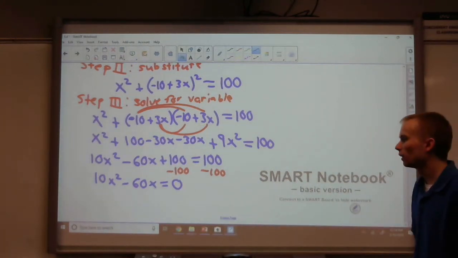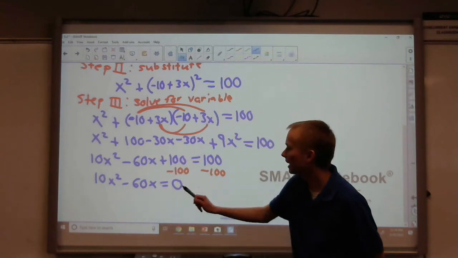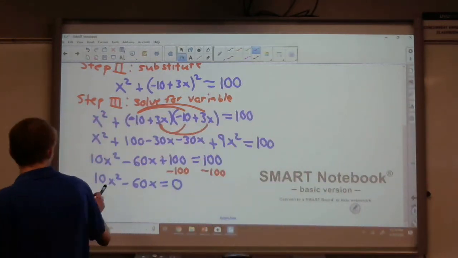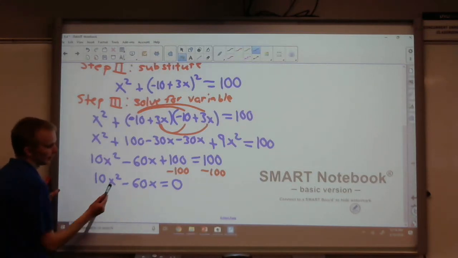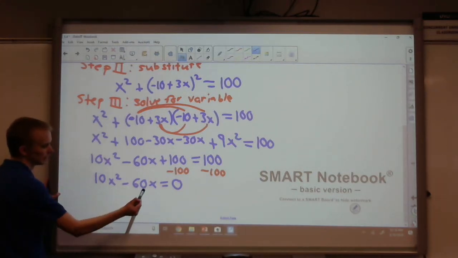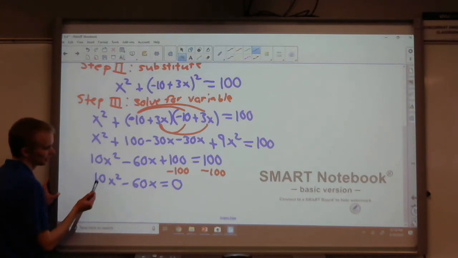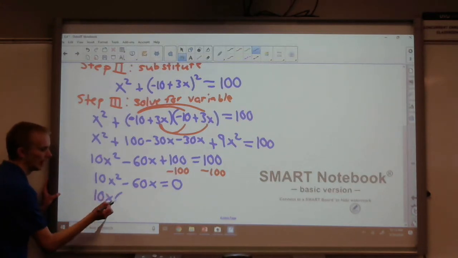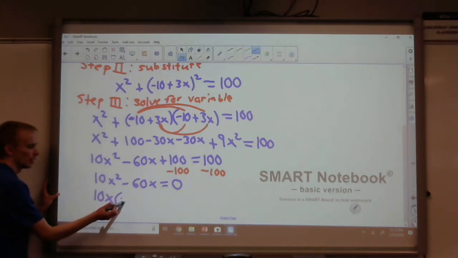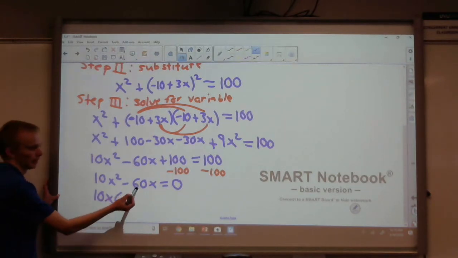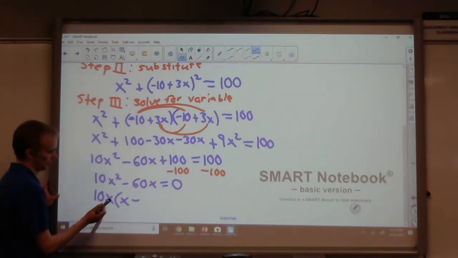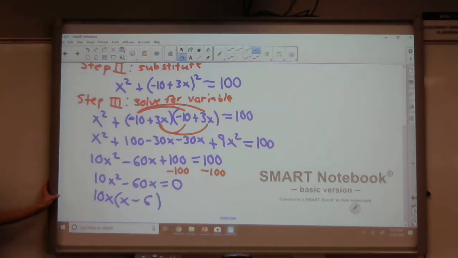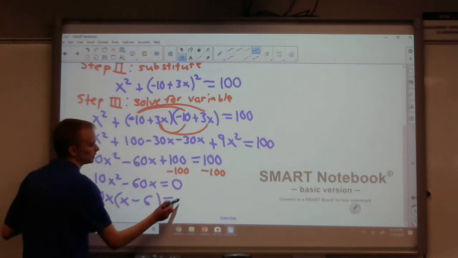And so now I just want to figure out what x's will give me 0 here, which I can factor, right? Is there anything that goes into both of these? Well, a 10 goes into both, and there's an x in both. So let's take out a 10x. On this first part, I'm left with an x, and then something times 10x to give me 60x, I need 6. Okay? Is equal to 0.